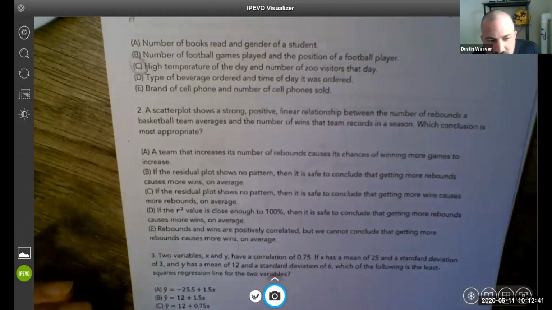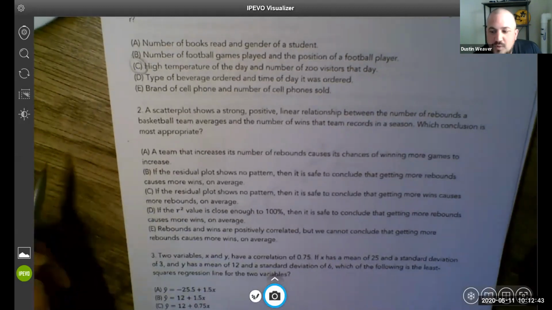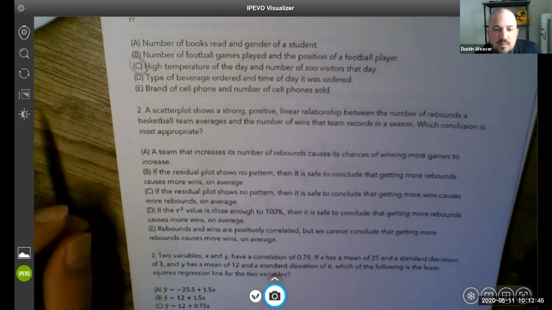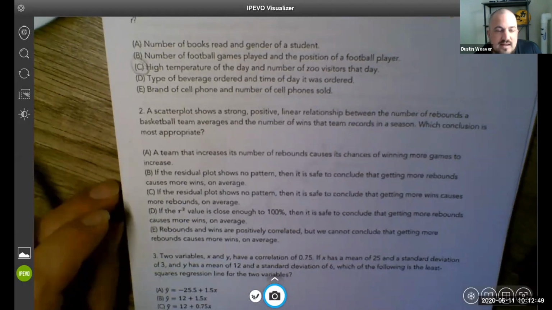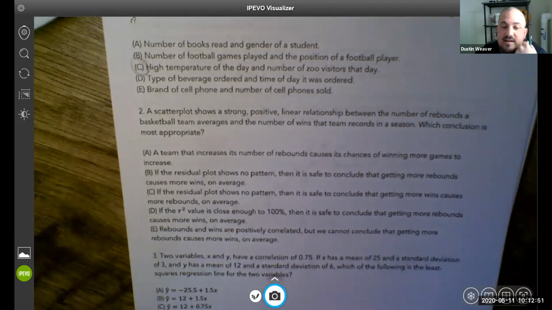All right, 2. Let's look at 2. A scatter plot shows a strong positive linear relationship between the number of rebounds a basketball team averages and the number of wins that team records in a season. Which conclusion is most appropriate?